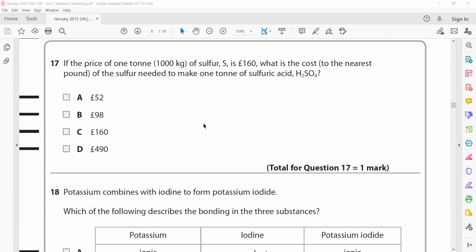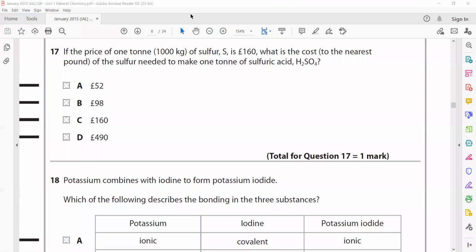If the price of 1 ton, 1000 kilogram of sulfur is 160 pounds, what is the cost to the nearest pound of sulfur needed to make 1 ton of sulfuric acid? So sulfuric acid will take a ratio H2SO4 and sulfur. This total is 98 and sulfur is 32. So if you want to make 1 ton of sulfuric acid, then we need X tons of sulfur. So it will be 32 divided by 98.